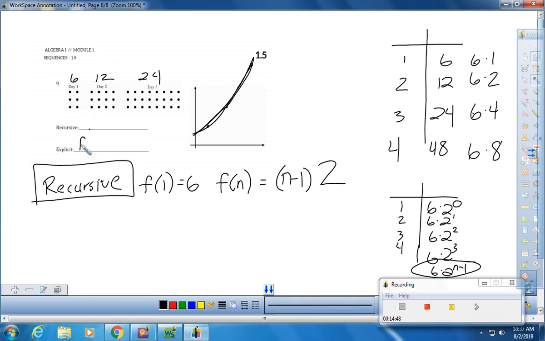Sorry, explicit. F of n equals 6 times 2 to the n minus 1. Okay, so maybe we can start to see the formula. This right here is what we start with, and 2, because it's doubling every time, and n minus 1 is becoming kind of a pattern of these.